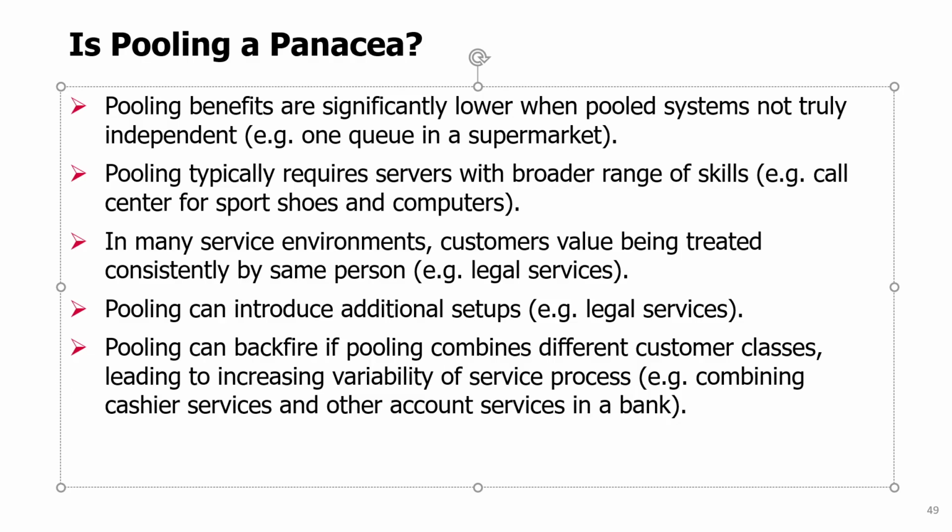These have different processing times. Yes, pooling will decrease average waiting time, but in fact, when you want to complete a very short service, you're less willing to accept a longer waiting time. When you open an account and you know it will take you 1 hour, you're more likely to accept a 20-minute waiting time for that.